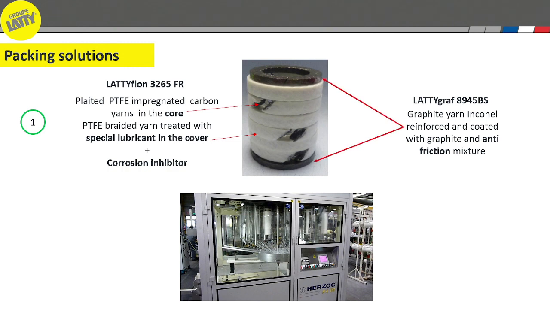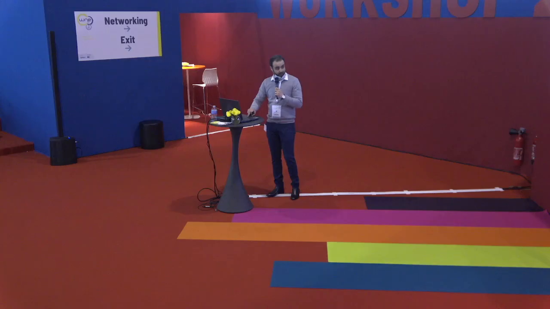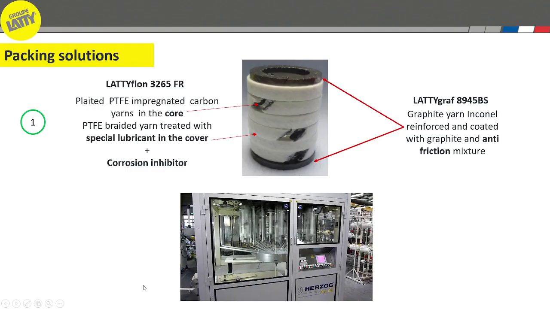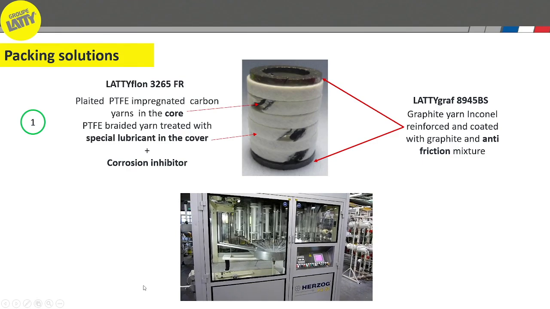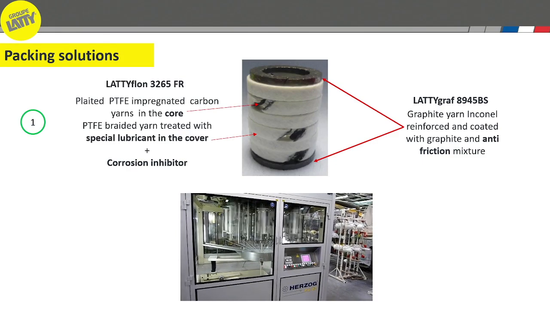While the Latigraph 8944 BS is made of graphite yarn, Inconel reinforced and coated with graphite and also a lubricant or anti-friction mixture. To show you the braiding process, I have a movie. I will try to start it for a few seconds.